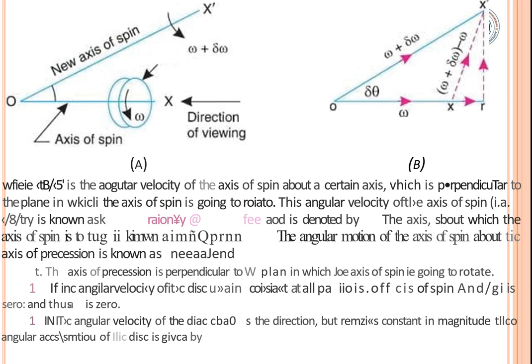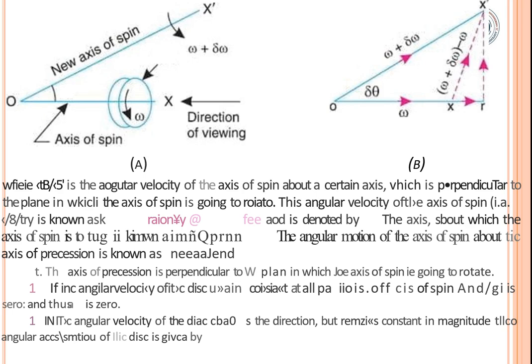If we take the disk rotating at the speed of omega, then based on the direction of view, a new axis of spin is generated, that is omega plus delta omega, as shown in figure A.